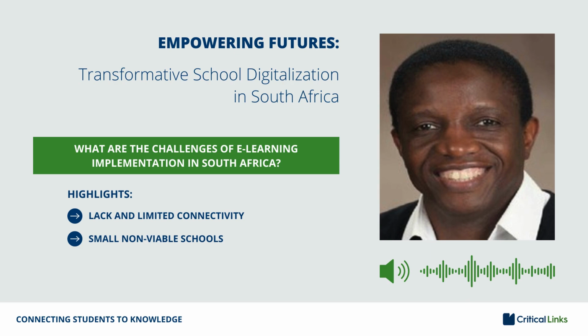And when I say this, I mean teaching and learning. Many schools have connectivity, but it's only enough for administration. When it comes to teaching and learning, it becomes a problem because you can't use videos and so on because of the limited bandwidth.